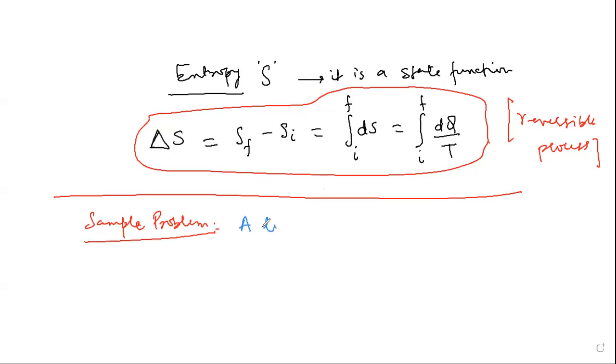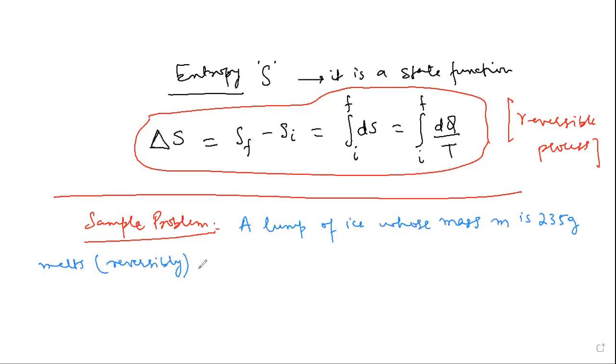A lump of ice whose mass m is 235 grams melts reversibly to water.